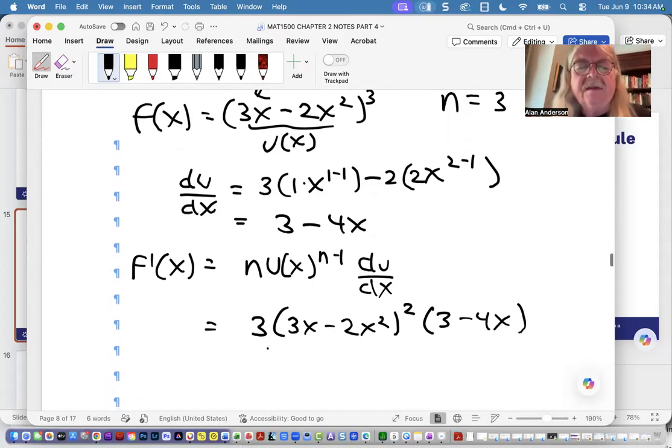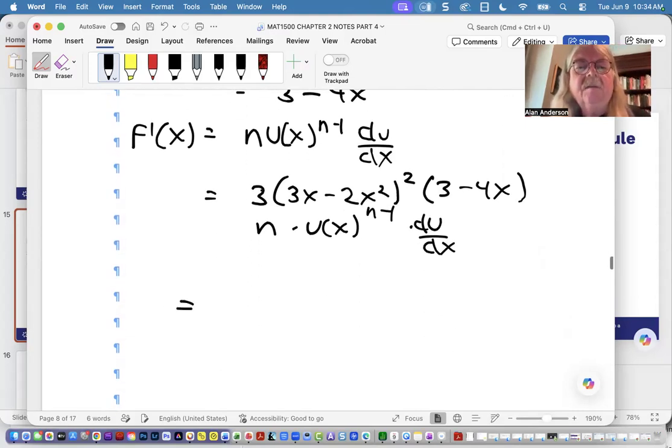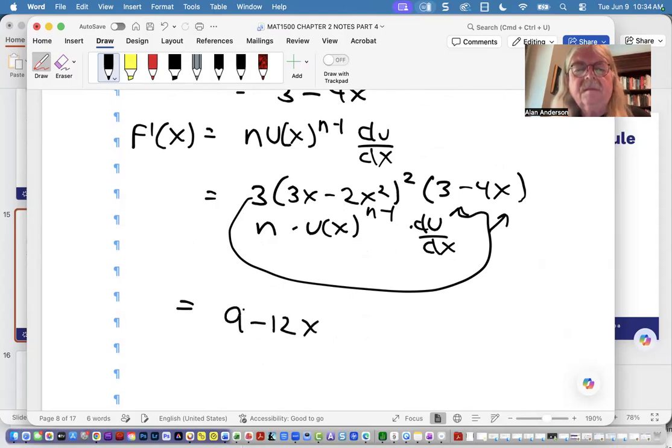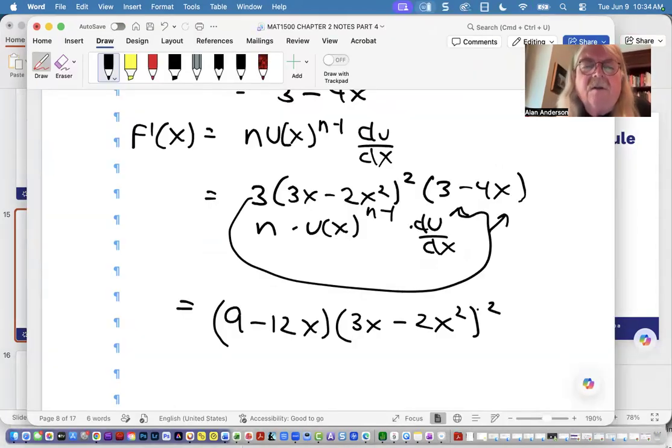Okay, so we have n, u of x, this is our n minus 1. Now we can go ahead and simplify it by multiplying this by these two terms. And that should do it. Now they didn't even bother with that. They left it like this, which is fine.